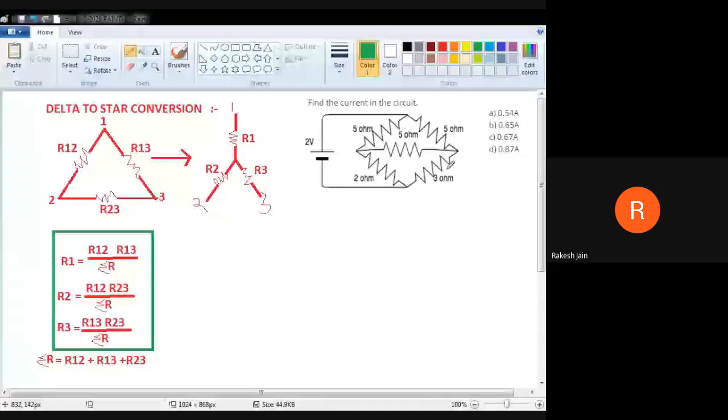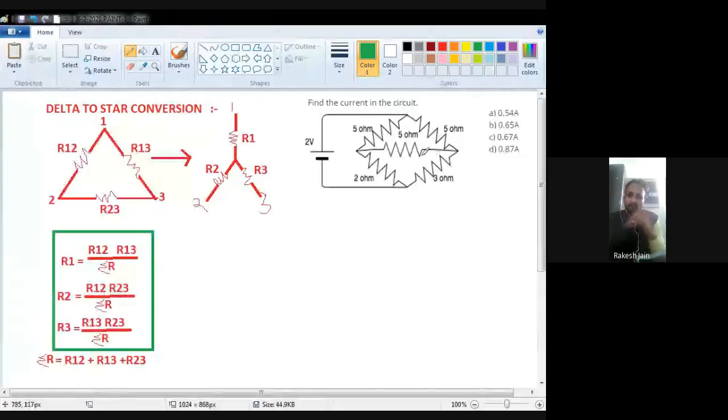Someone can also consider the right hand 5 ohm, the middle 5 ohm and this 3 ohm as connected as a star, only the terminals are at the above side, otherwise they are connected as a star. Someone can also solve this question by considering the left hand 5 ohm resistance, the middle 5 ohm resistance and this 2 ohm resistance connected with each other as a star. So 4 different mindsets can solve this question.